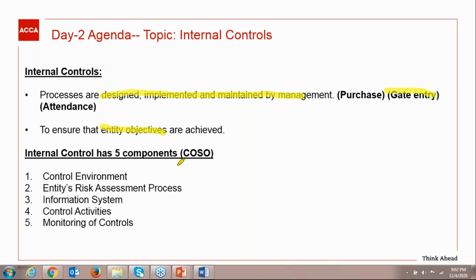In the paper, these five components can be given a different name, that is COSO, so you don't need to be confused in the exams. COSO is just the name of the framework, and the COSO framework includes five internal control components.